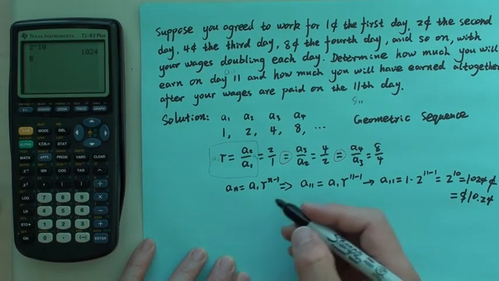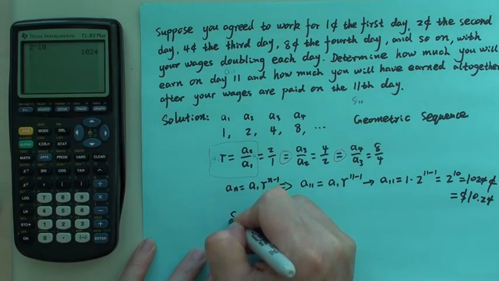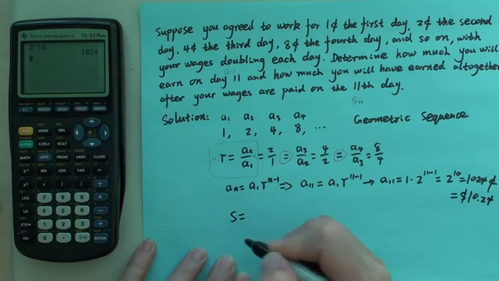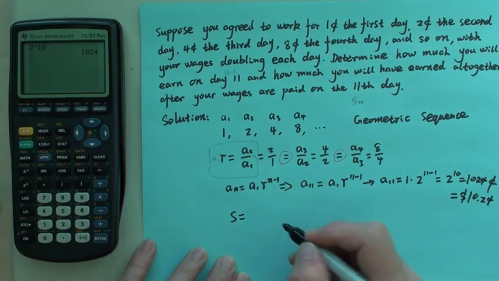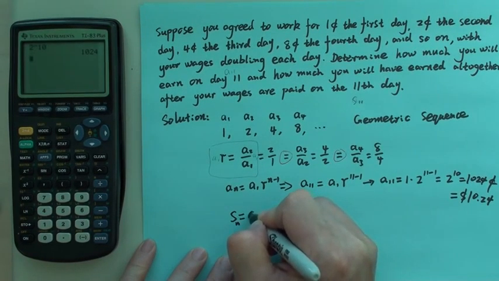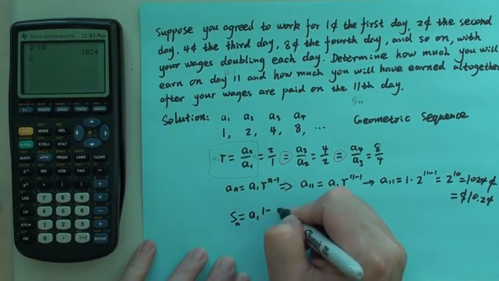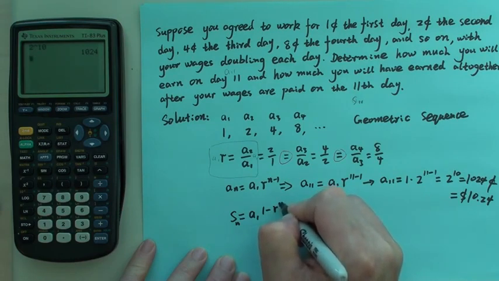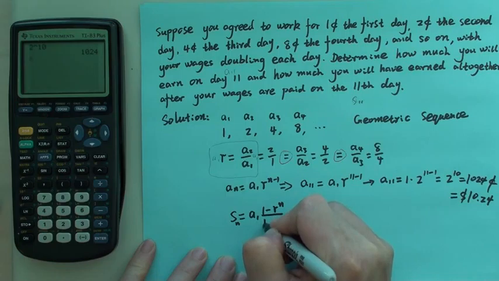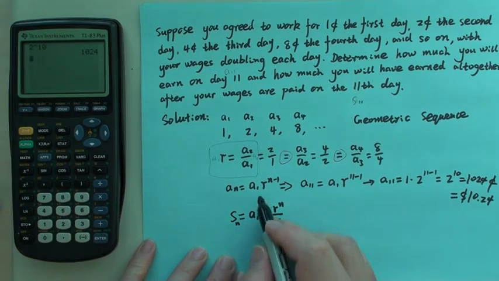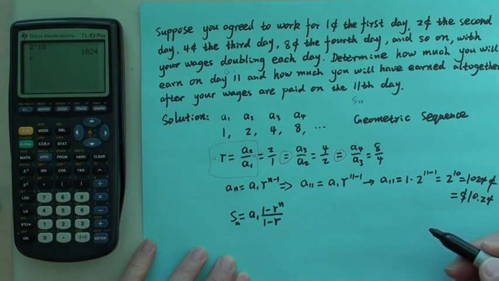Another one you're going to use is the sum. Sn equals A1 times 1 minus r to the nth, divided by 1 minus r. These are the two general formulas we have to use.